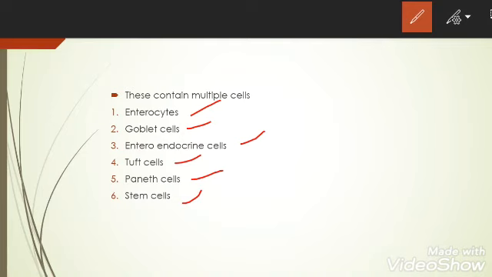Stem cells are totally undifferentiated cells because they do not have any particular kind of division. Right now I'll tell you why stem cells are found in the intestine. The purpose of the small intestine is that whatever acidic chyme is passed from the stomach is totally digested in the small intestine, and then absorption of nutrients takes place.